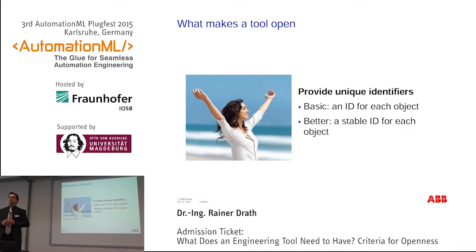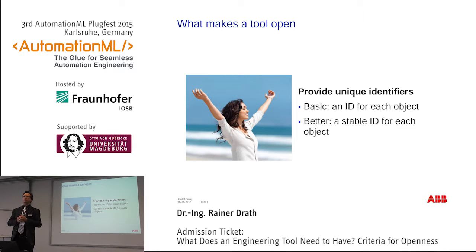And if you look over the life cycle of an object, the name will probably not be identical over the different tools. So what we need is at least an ID for each object, and a better way would be a stable ID for each object over the lifetime of the object.